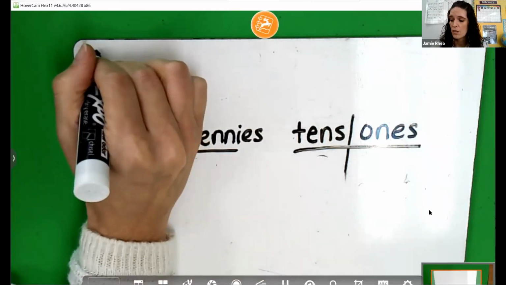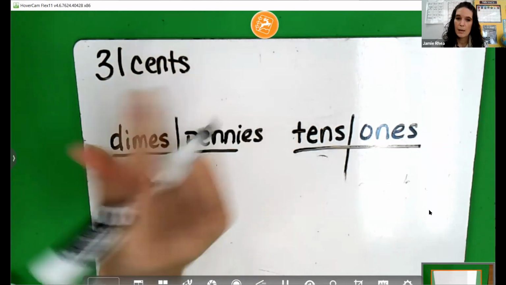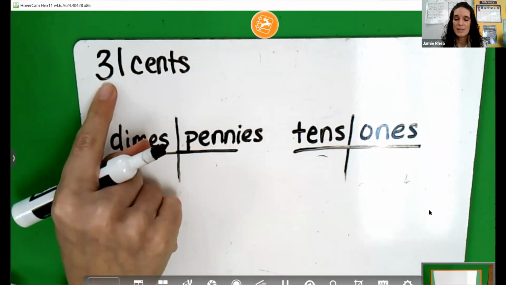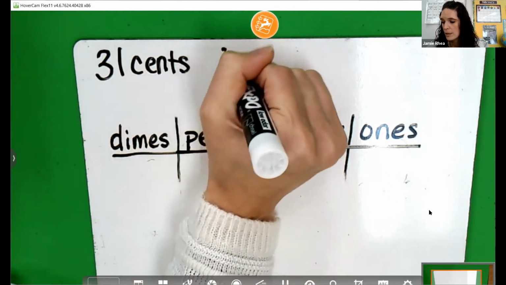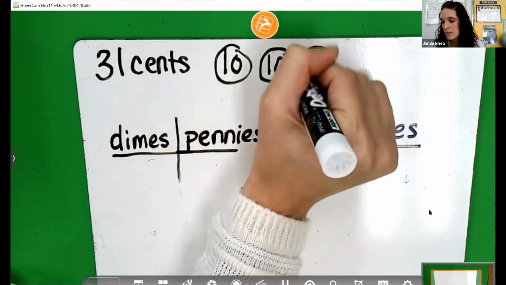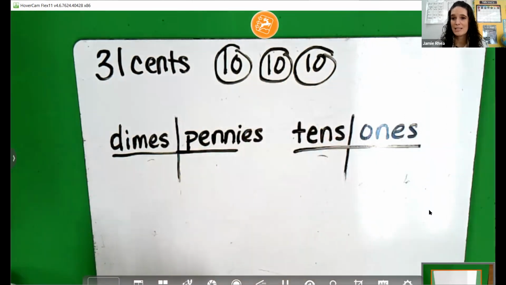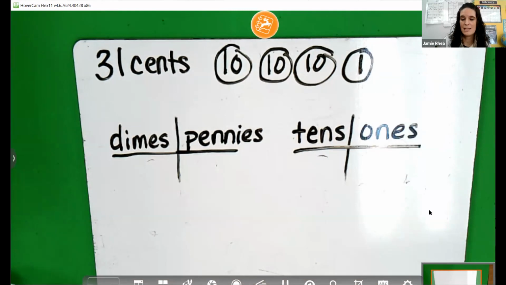So she said 31 cents. How many 10s am I going to use, or how many dimes? 3. So 1 dime, 2 dimes, 3 dimes, because the value of 3 dimes is 30 cents. And I need 1 penny to show the value of 1 cent.